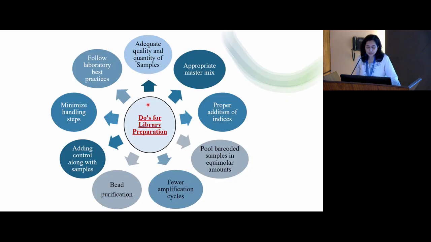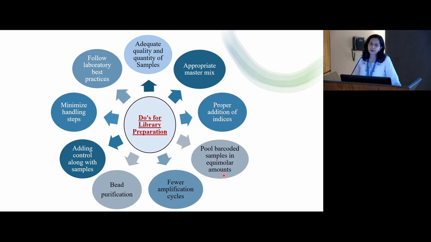So to summarize, for library preparation, adequate quality and quantity of the sample should be there, the appropriate master mixes should be there, and proper addition of indices. Whenever you are adding the indices, this is the utmost important step, so take proper care with the addition of indices. Pool barcoded samples in an equimolar manner.